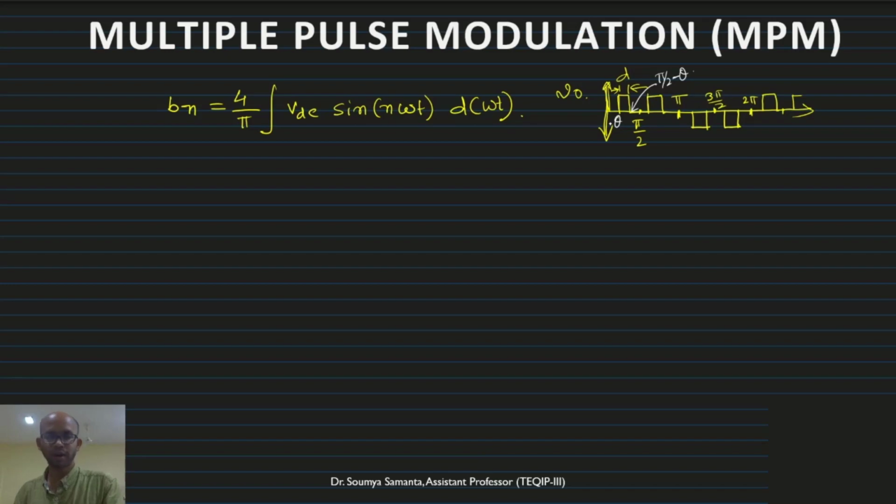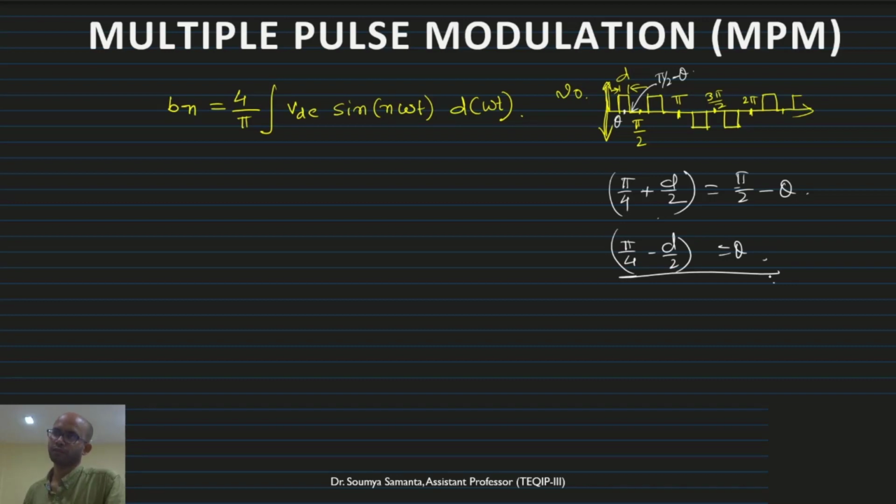This is one way we can do it. Another way we can do it is setting the limit. One will be, suppose say, pi by 4, this is the half part, this is the pi by 4. So pi by 4 plus d by 2, this is the top part, this is equal to pi by 2 minus theta. And another one, the theta is what? This is pi by 4 minus d by 2, this is equal to theta. That is what we can find out.